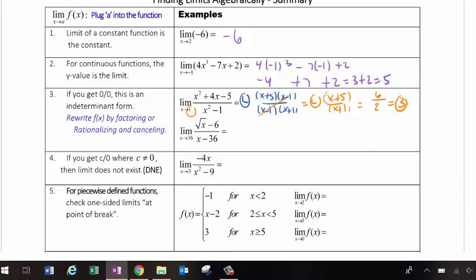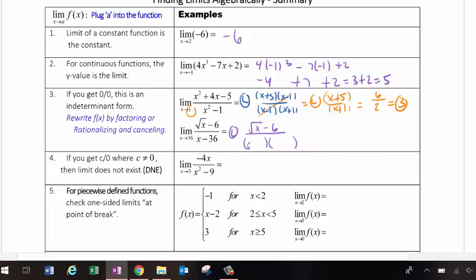This second one is a little more complicated in your heads because you don't think of being able to factor this. But if I plug in 36, I'm going to get 0 over 0, which tells you that you should factor. We're normally used to factoring something like x squared minus 36. I don't have that this time, but on the top you notice I have a square root of x, which should lead you in the direction that we're going to factor.